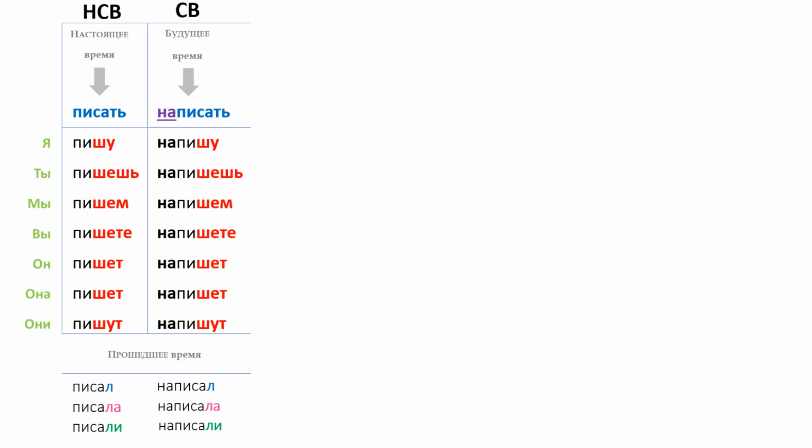Прошедшее время. Past tense. The NSV forms describe processes or repeated actions in the past, while SV forms talk about a completed action, a result. Я писал, I was writing, or I used to write. Я написал, I wrote, I have written, or I had written.